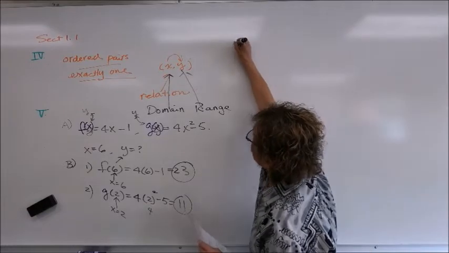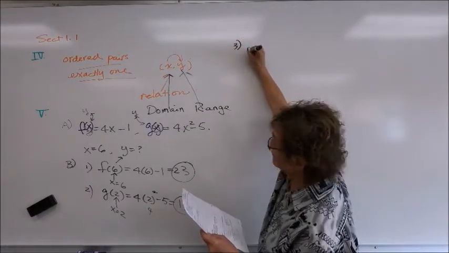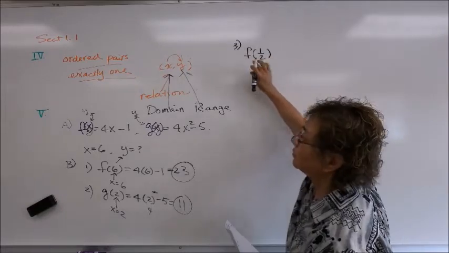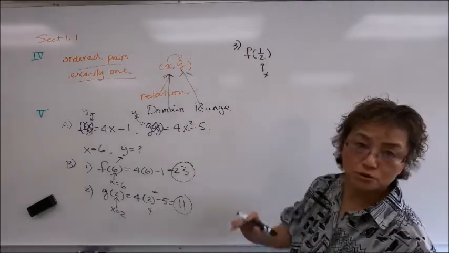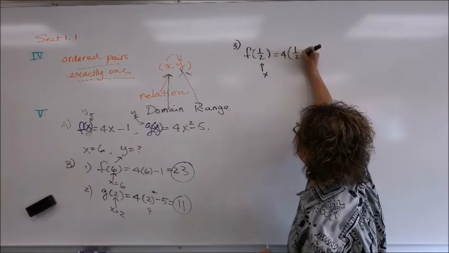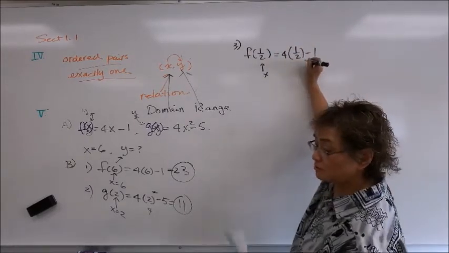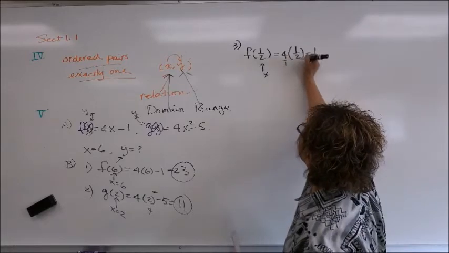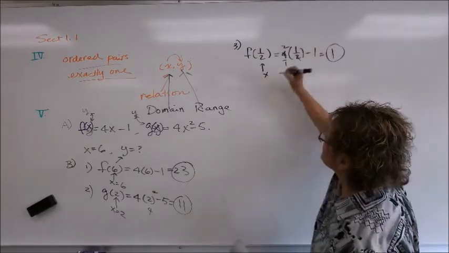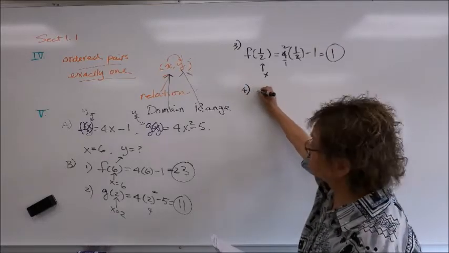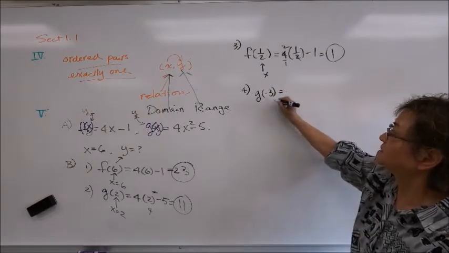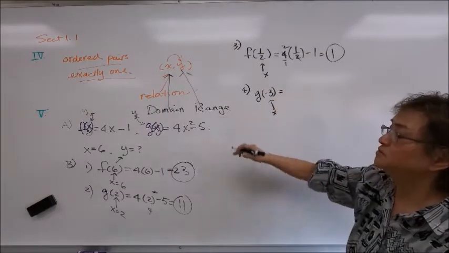If we have f of half, what does that mean? When x is half, what's your y value according to the first function? So you plug in half, minus 1. So you multiply them, right? What do we have? 1. That's your answer. If we have g of -3, what do you need to do? x is -3. What's your g value?